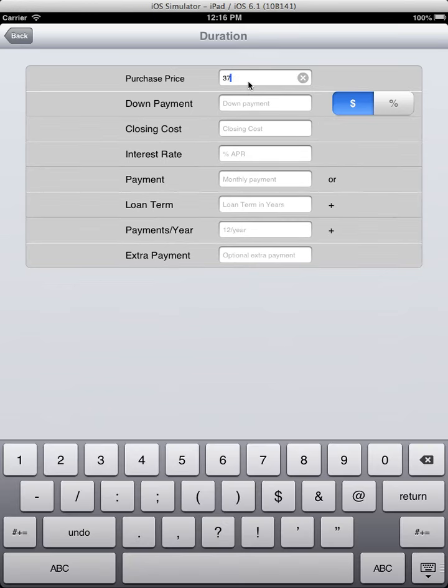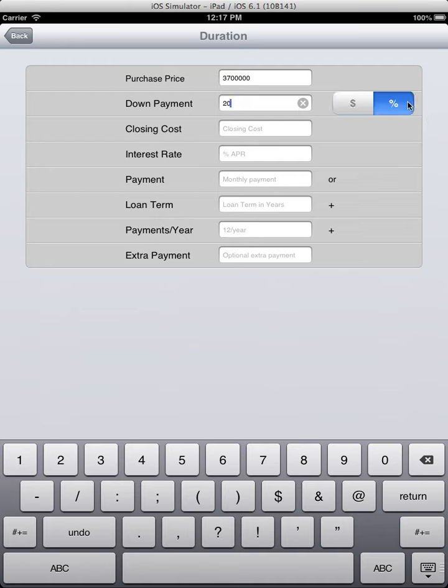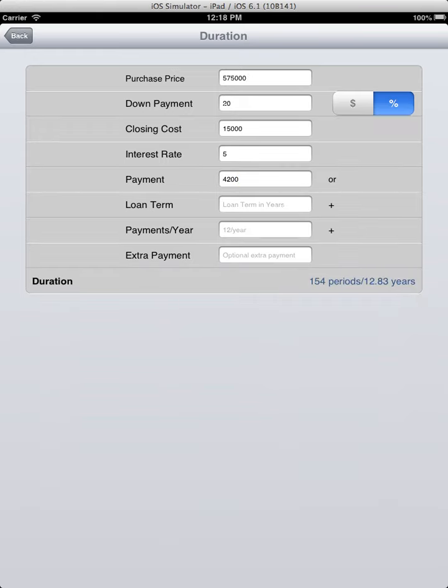We can say 370,000, 20%, closing cost is 15,000, and APR is 5, payment is $3,200 a month. Here we enter the data points and we see the duration is 12.83 years.